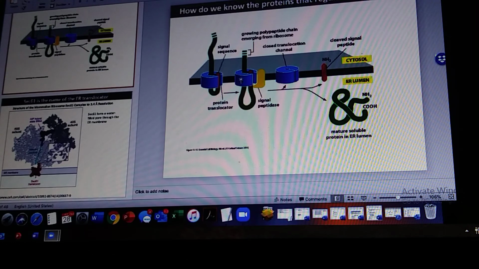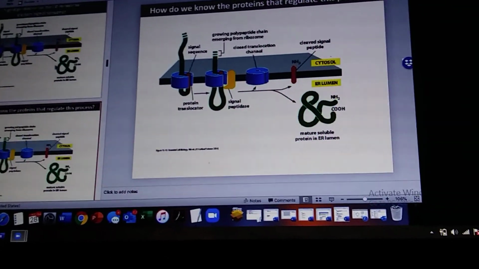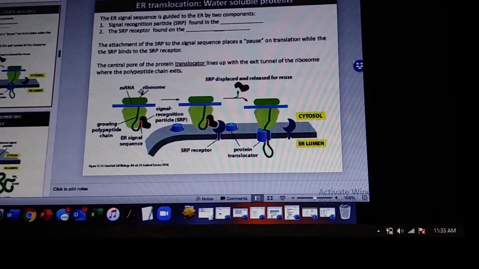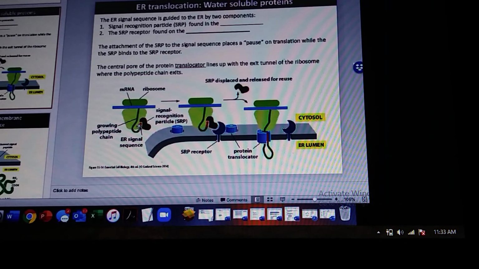So remember that the way that proteins are normally targeted to the ER is that the protein is being translated, exposes the ER signal sequence. The SRP molecule binds to the ER signal sequence, and it gets transported, binds to the receptor, gets transported to the translocator. That's the channel that the protein then feeds through as it's getting translocated, as it's getting translated.